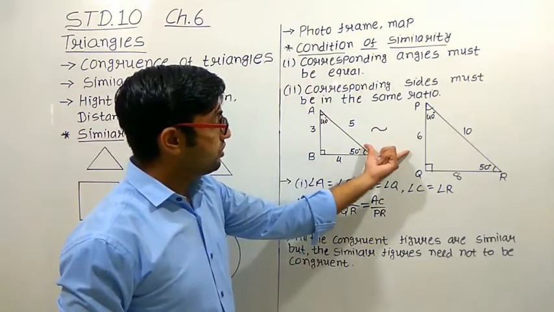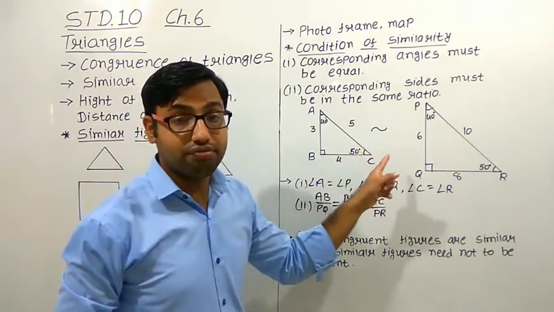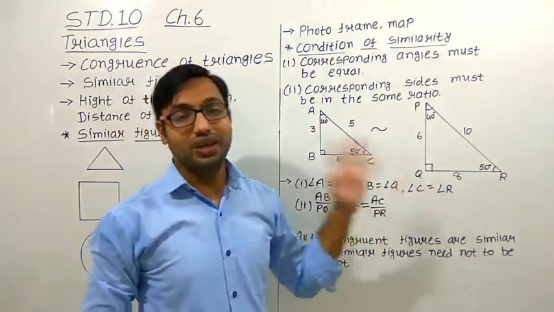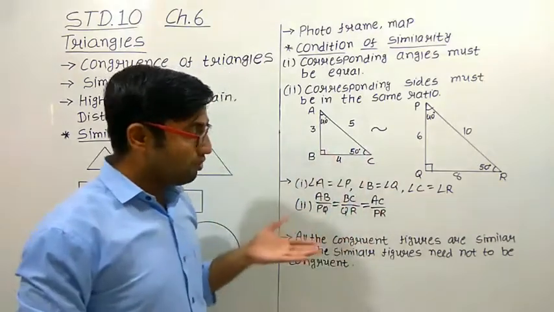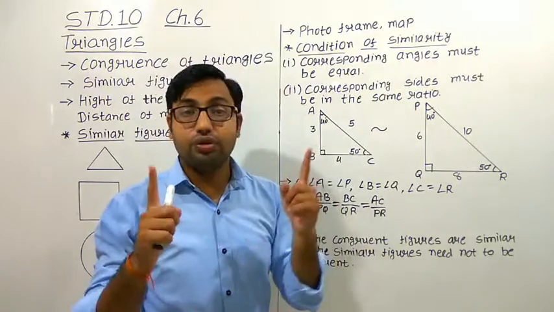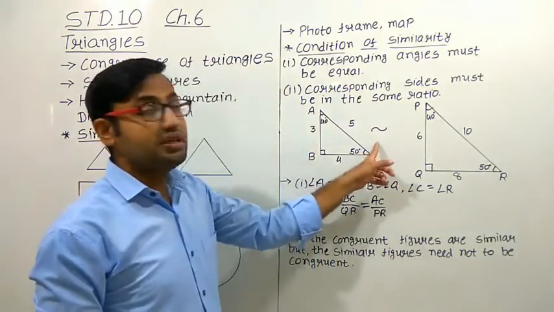These two triangles are similar, but they are not congruent, because for congruence all the sides must also be equal. But if two triangles are congruent, that means all the angles are equal and all the sides are equal, and they must be similar also.